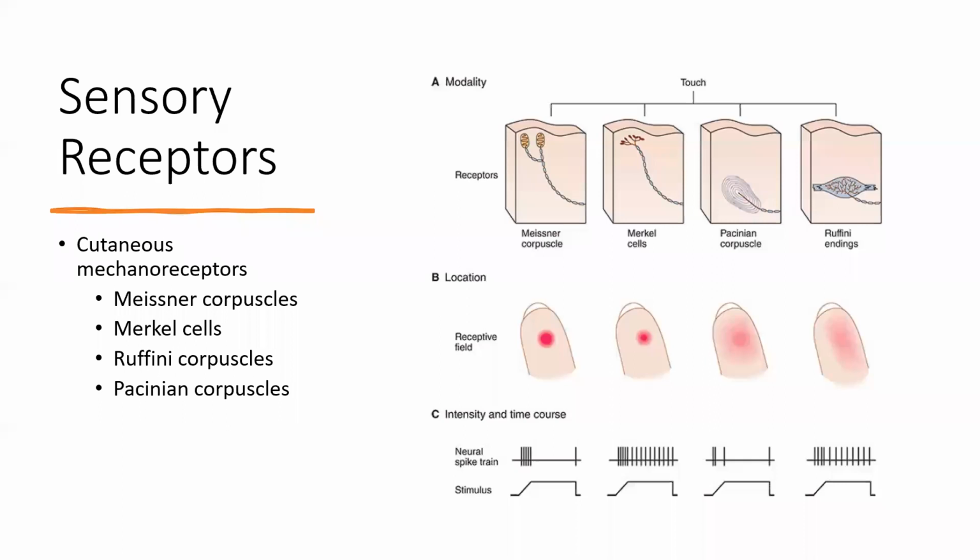So let's first go to the cutaneous mechanoreceptors, those receptors that are found on the skin. What are those receptors that we can find in the skin?